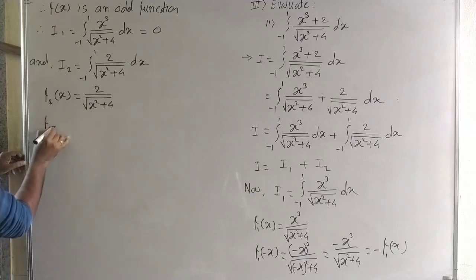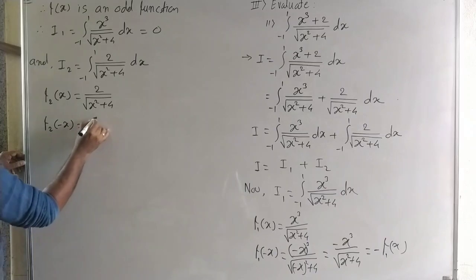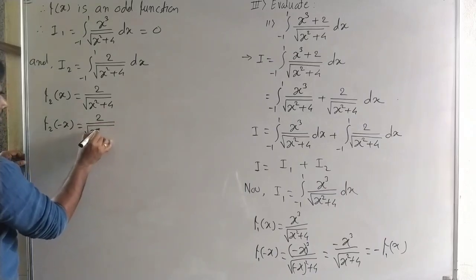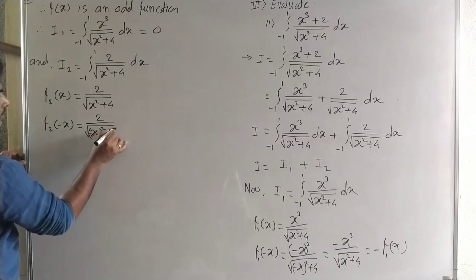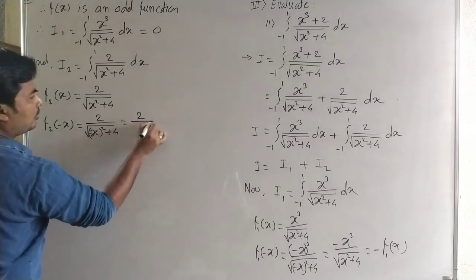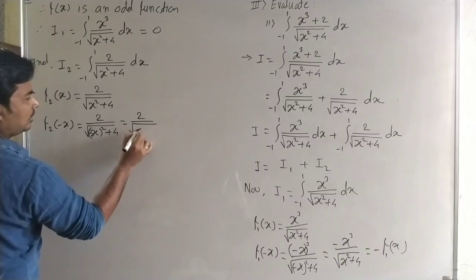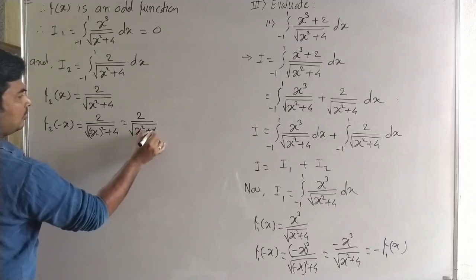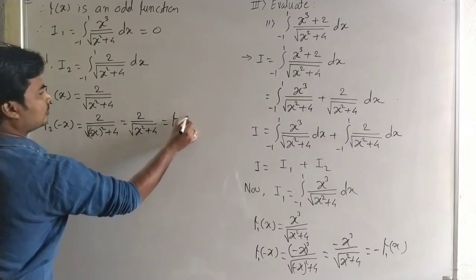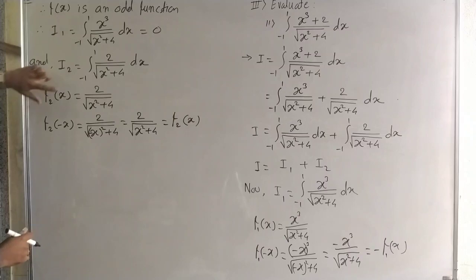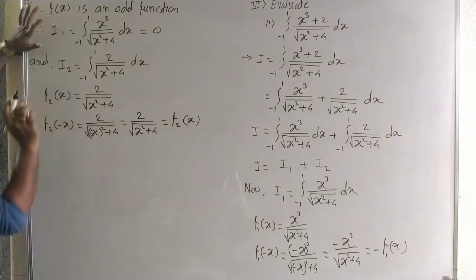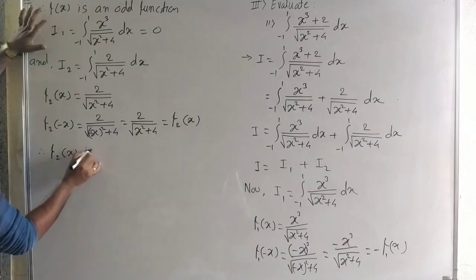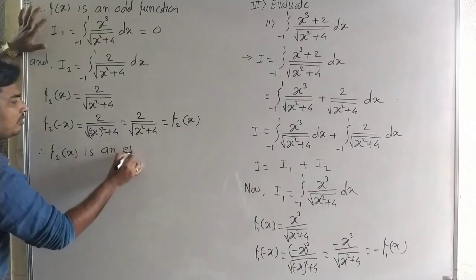Therefore f2 of minus x is 2 upon under root of (minus x) square plus 4, which is equal to 2 upon under root of x square plus 4, since minus x whole square is x square. That is f2 of x, and therefore f2 of x is an even function.